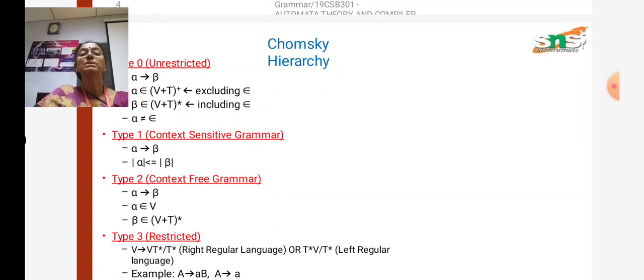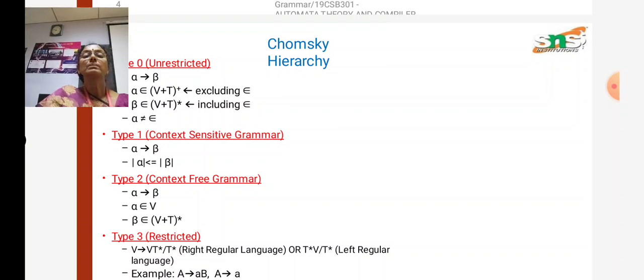Next is type 3. Type 3 is a restricted grammar. The only change is on the right hand side, beta. The left hand side should contain only one non-terminal V, and beta belongs to V T closure or T closure for right regular language, or T closure V or T closure for left regular language.